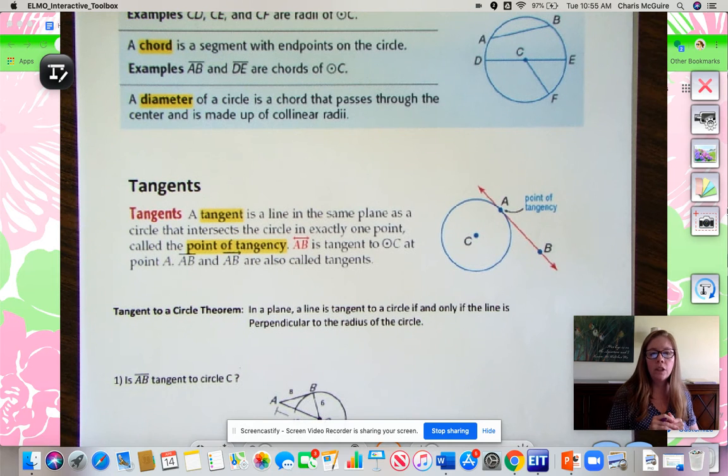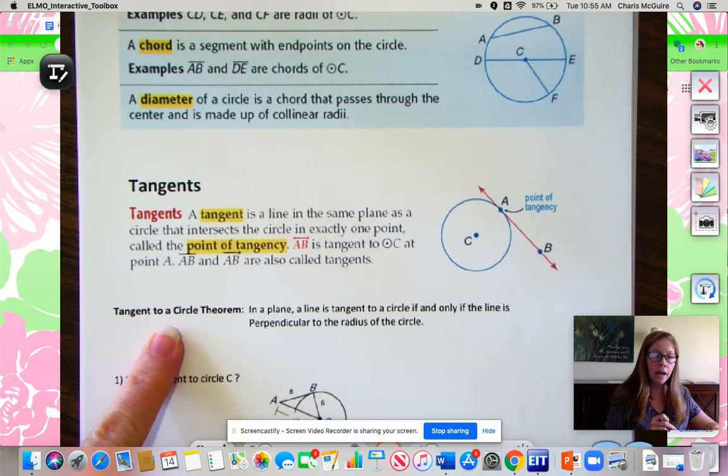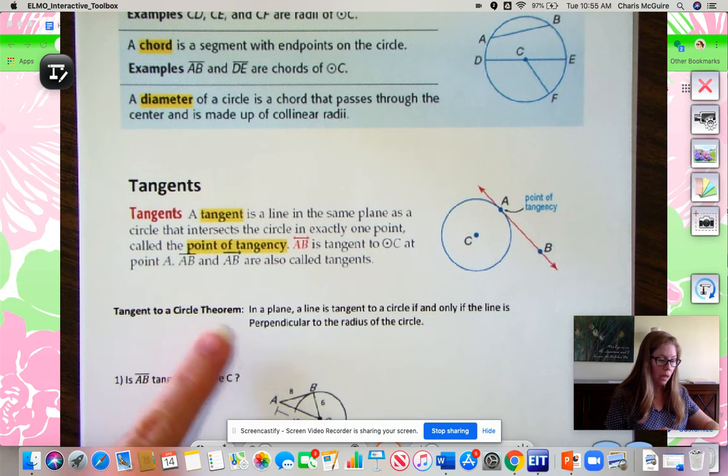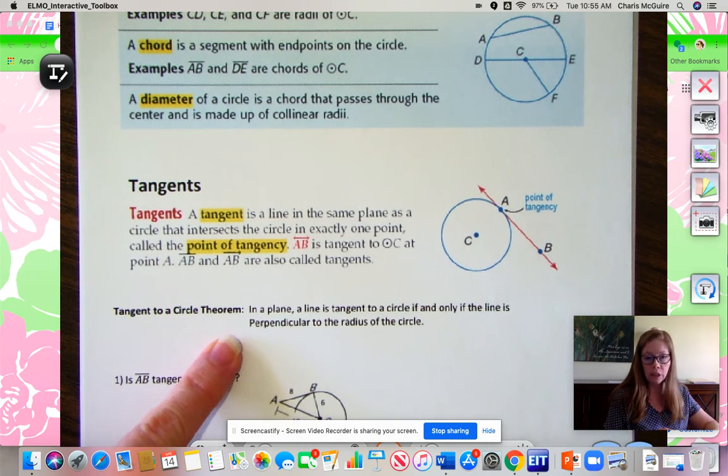We're going to look at two different theorems, and all of the work that you do for these two sections is going to come from these two theorems and your understanding of them. If you have your theorem paper, you can go ahead and write this down as your next theorem. Tangent to a circle theorem: in a plane, a line is tangent to a circle if and only if the line is perpendicular to the radius of the circle.